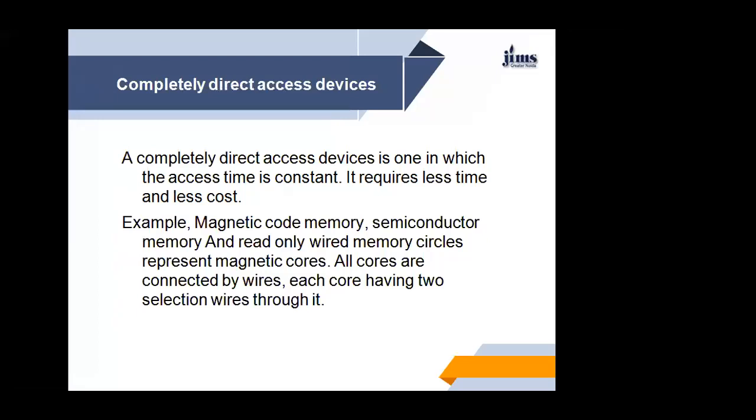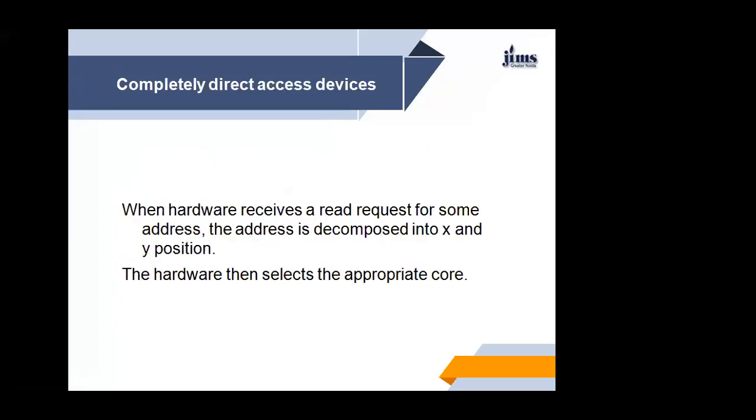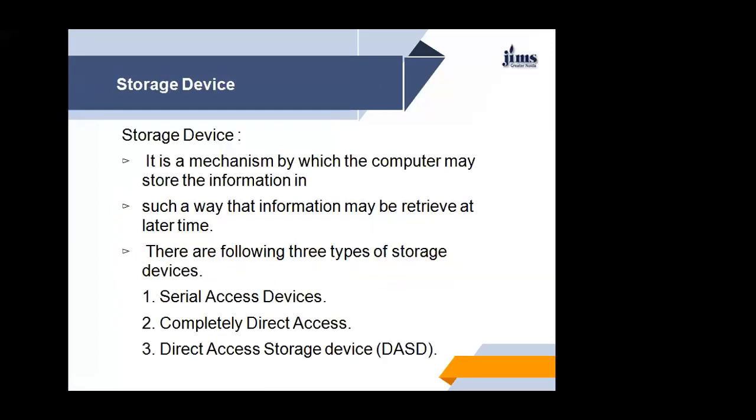All cores are connected by wires and each core has two selection wires through it. When hardware receives a read request for some address, the address is decomposed into X and Y positions and the hardware then selects the appropriate core.